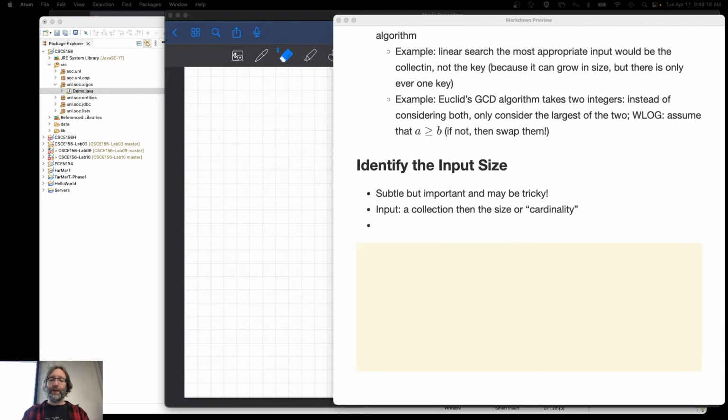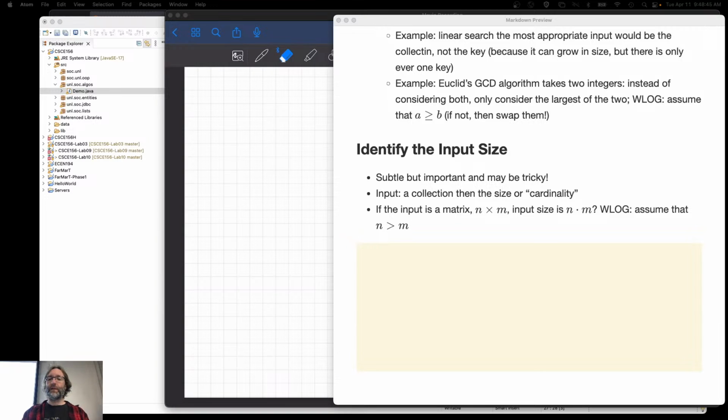If the input is a matrix, an n by m matrix, what's your input size? N times m. Again, without loss of generality, assume that n is greater than m. How does that simplify things?